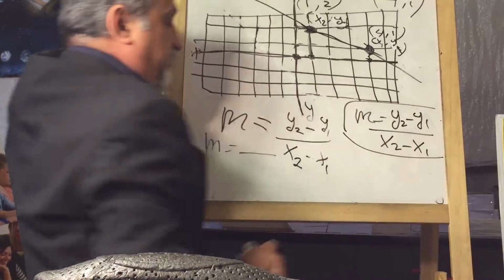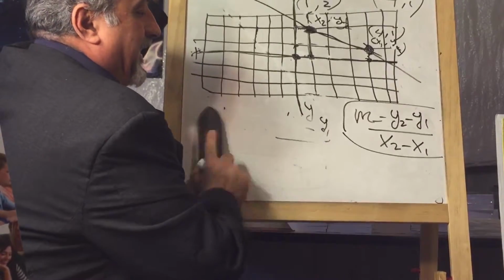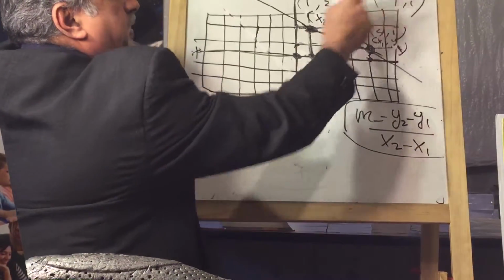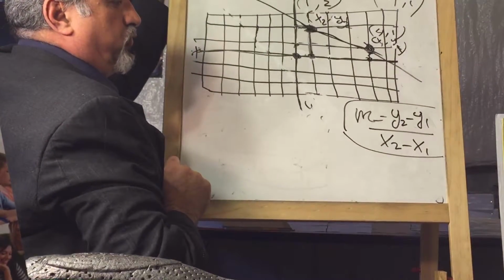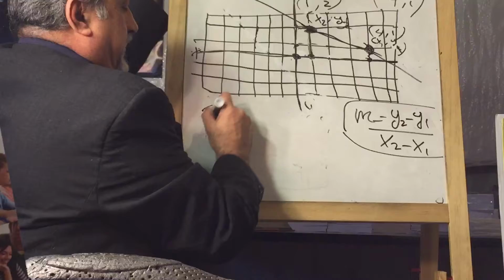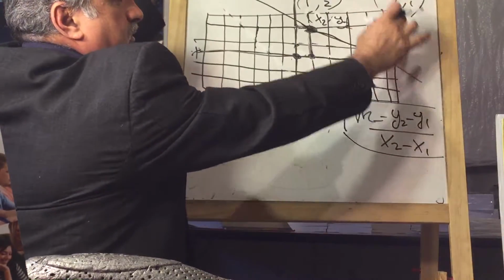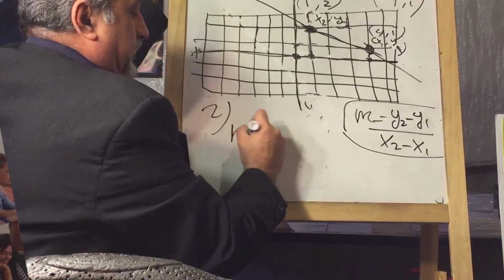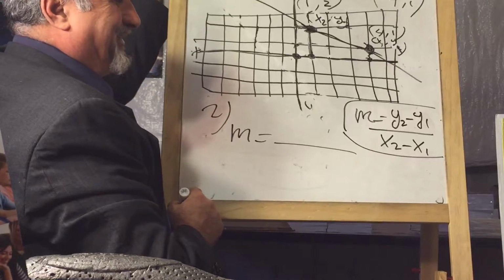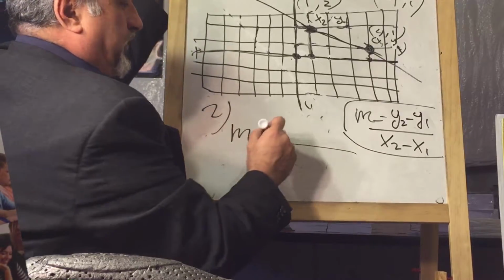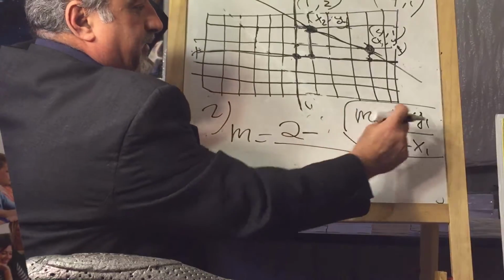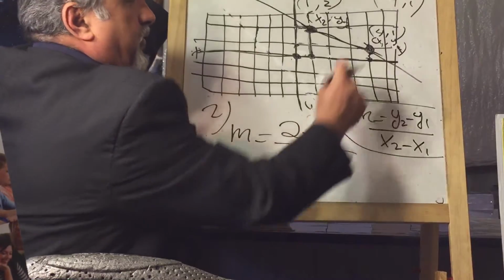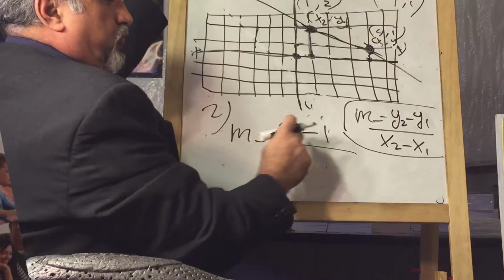Now we plug in. The first step gave us the values 4, 1, and 1, 2. The second step is to plug those values into the formula. y2 is 2, minus y1, and y1 is 1, so 2 minus 1.